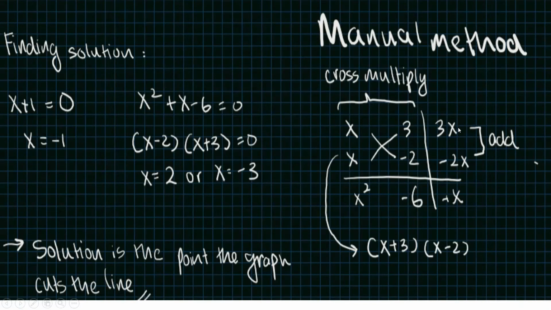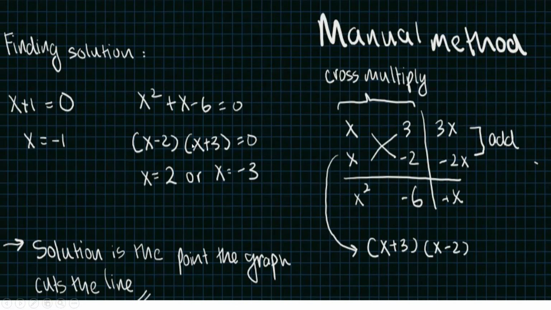And then when you go down the last column, it's addition. So 3x plus negative 2x gives you x. And then to convert this information into this form, you just add them together. So x plus 3 gives you x plus 3, x plus minus 2 gives you x minus 2.